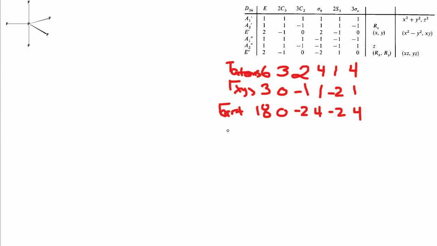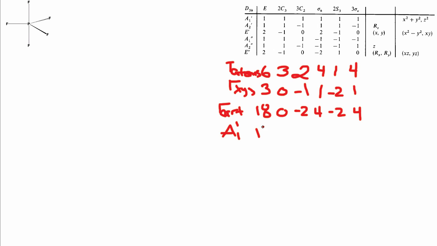And so the first thing we're going to do is look at the A1 prime and determine how many of those irreducible representations are present within our reducible representation. Because it's the totally symmetric, it is just going to give us all ones.